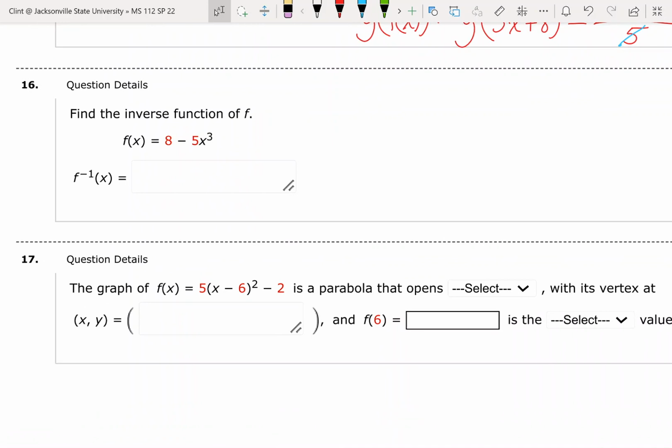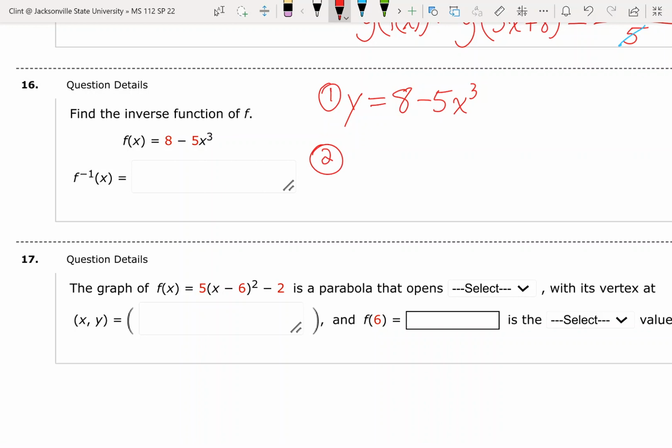All right. Problem 16 says find the inverse function of f. If you remember these, we kind of broke these down into 3 steps. Step 1, instead of writing f of x, we're going to change it to y, just so we don't have to deal with that f of x notation.